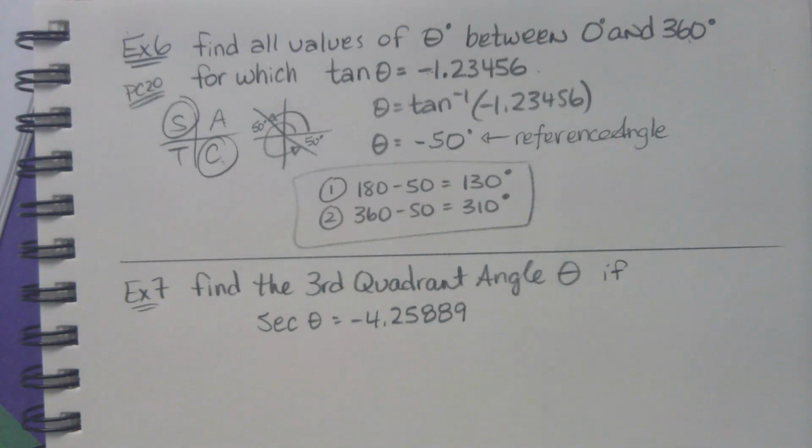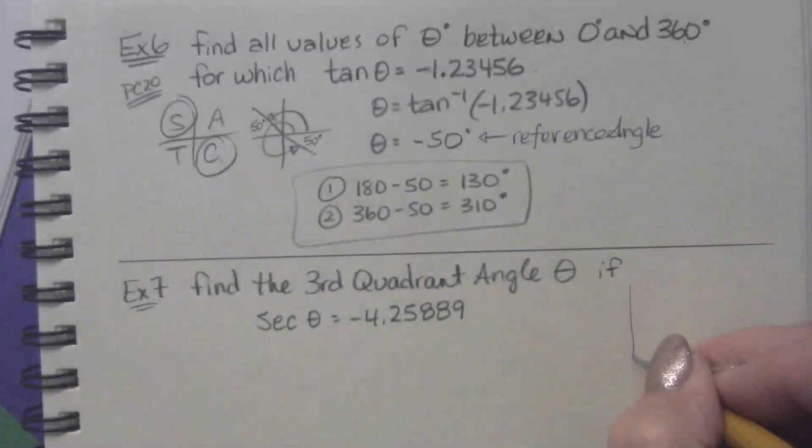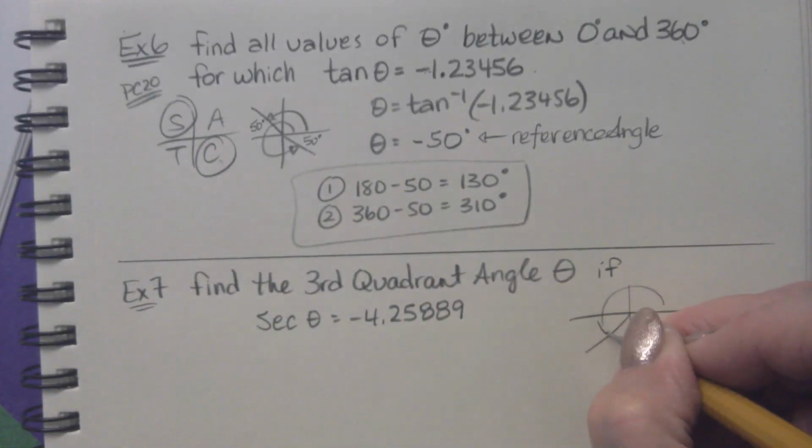So this time, right, they tell me exactly where it is. It's in the third quadrant. So I know my answer has to be between 180 and 270, right? It has to be something that looks like that.